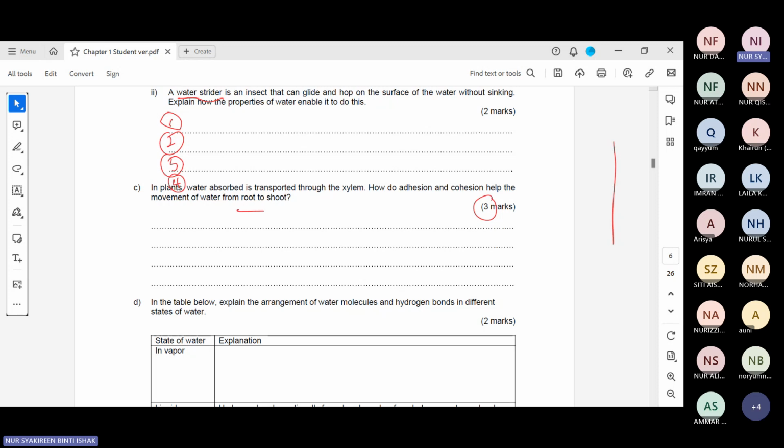Basically, adhesion is water sticking to the cell wall of the xylem, and cohesion is water sticking to each other to form a column of water. So the first point is cohesion: water molecules are attracted to one another through hydrogen bonds to form a column of water within the xylem.